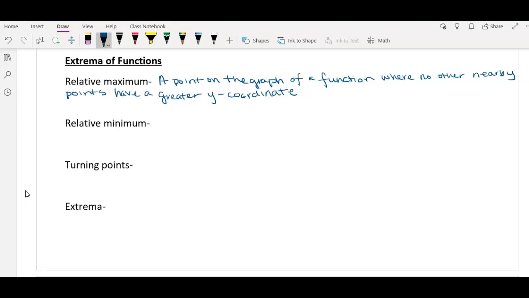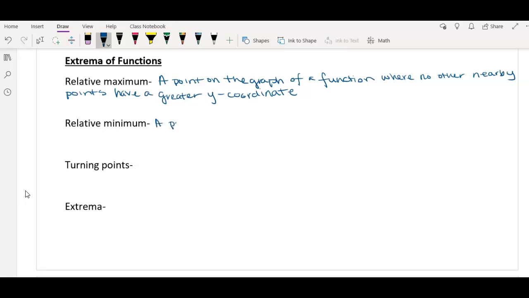And relative maximum is a form of extrema. And we're looking at the highest y values of our graph that we can estimate. And so if we have a relative maximum, we also have a relative minimum.